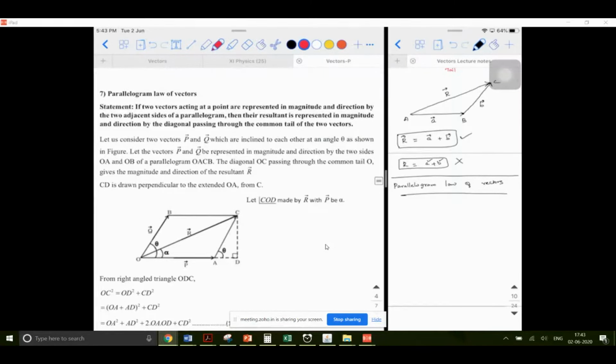If two vectors acting at a point are represented in magnitude and direction by the two adjacent sides of a parallelogram, then their resultant is represented in magnitude and direction by the diagonal passing through the common tail of the two vectors.